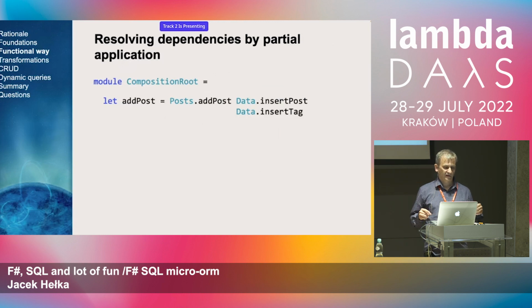When we need to resolve these parameters, we define another module and define our function again by binding these parameters. So in this case, dependency injection is just partial application.